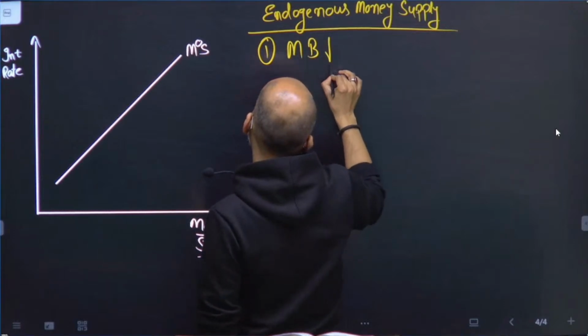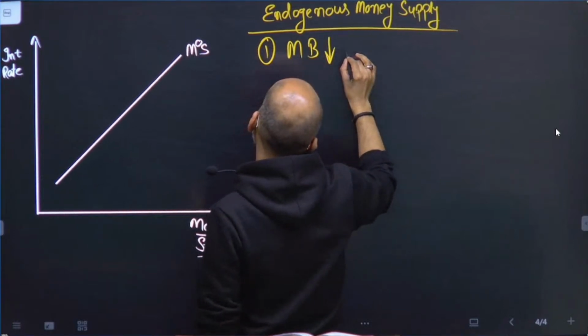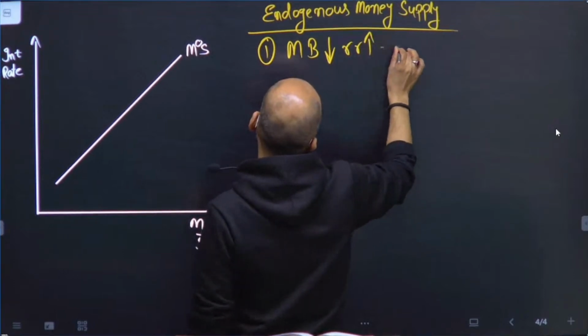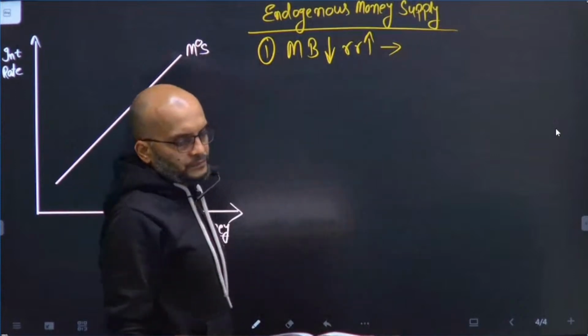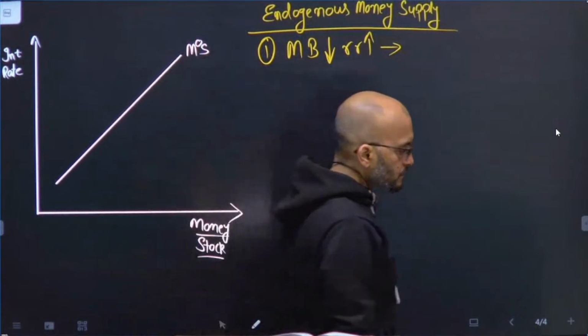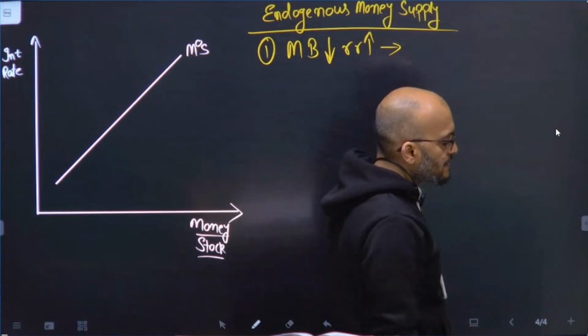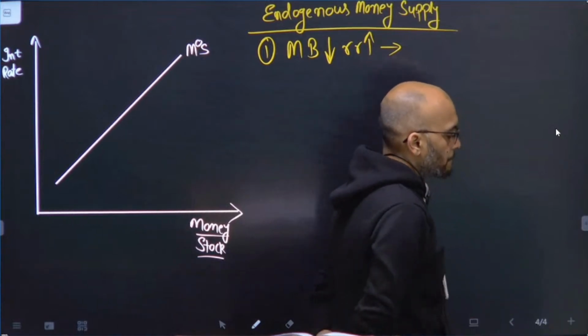So if monetary base is decreased and RR is increased, then what will happen? Speak up.